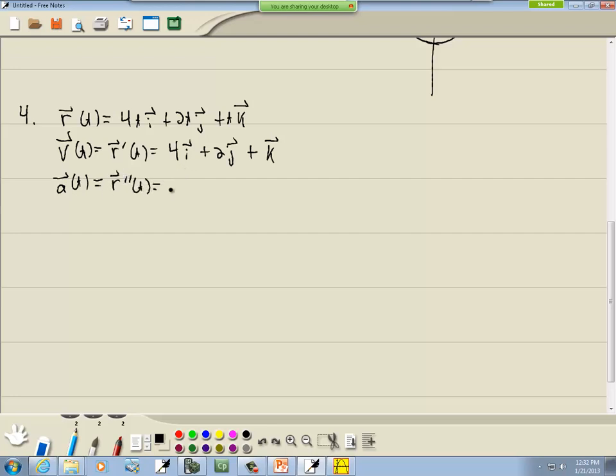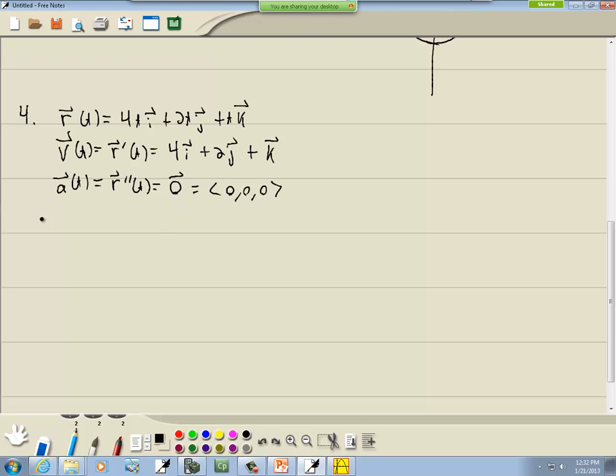Well, we take the derivative again, and 4, 2, and 1 all become 0. Now this is not actually 0. This is the 0 vector, which if I were to put it in vector form would look like this, 0, 0, 0. So realize it's not actually 0.